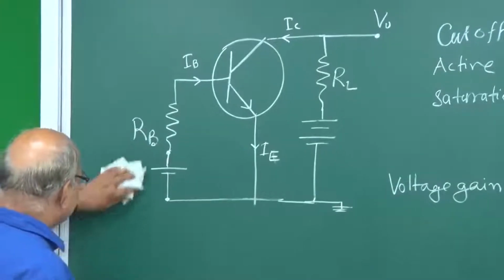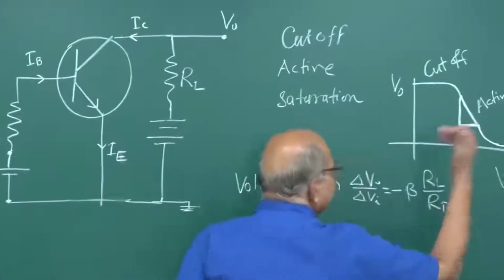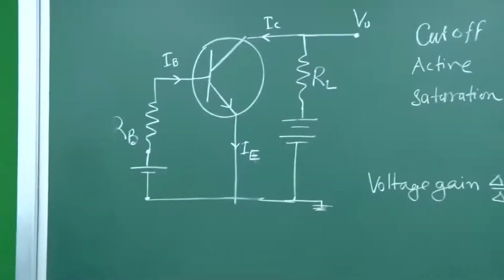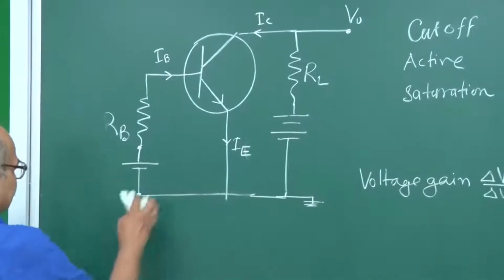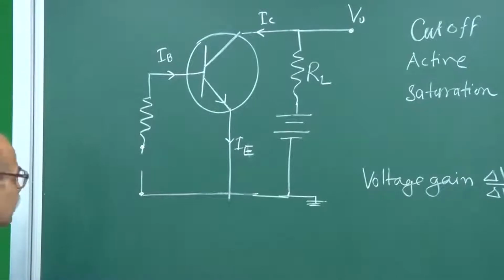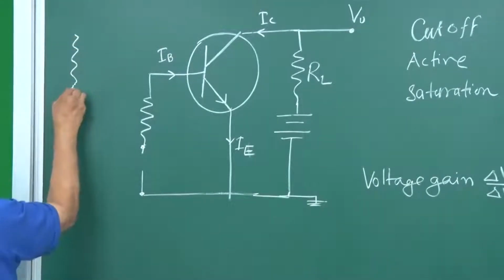Okay, before that we have to change this VI, and then we will see all those regions. So how do I change it? What we have done in our experiment is the following. We have taken a long heater coil, a resistance in fact.